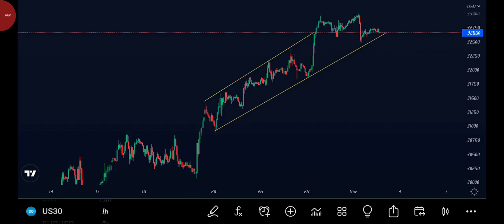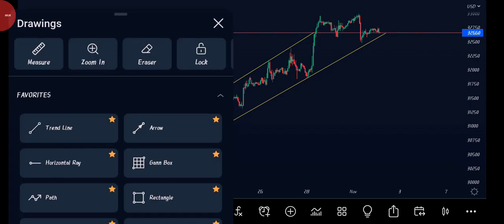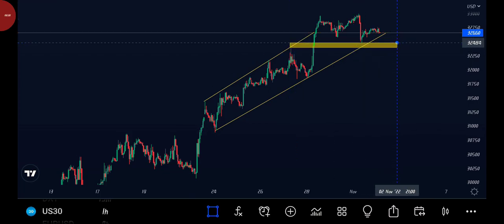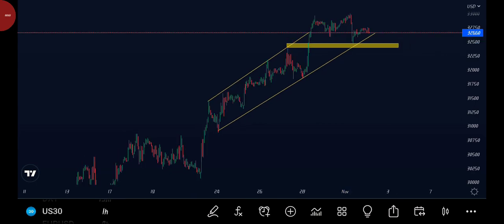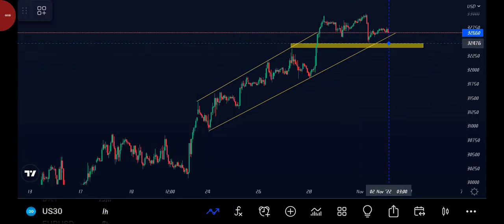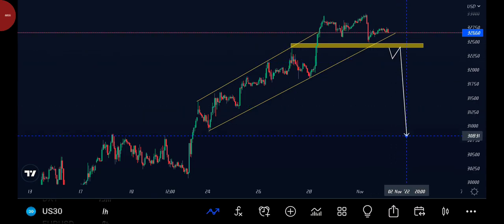So with this pair, maybe we should wait for this pair to break this level. Break, then retests. So we might have something like, we wait for this market to drop, then retest the level, then we can now sell.